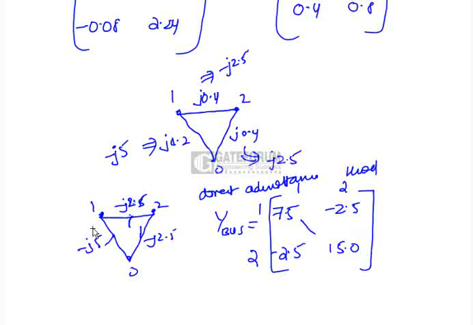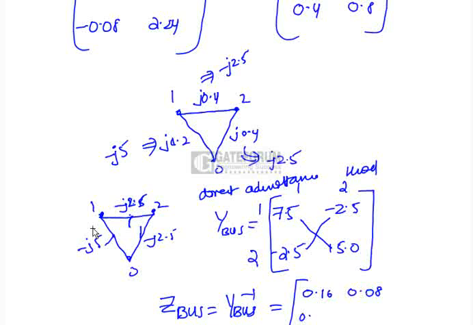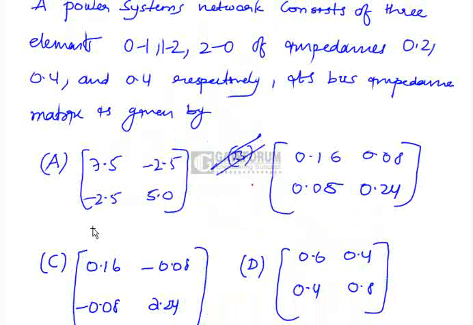Diagonal elements are positive whereas off-diagonal elements are negative. Now he wants Z bus. Z bus is equal to Y bus inverse. You will get 0.16, 0.08, 0.08 and 0.24. That is, option B is correct.